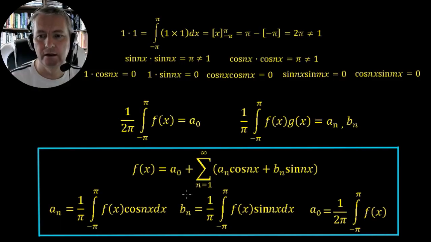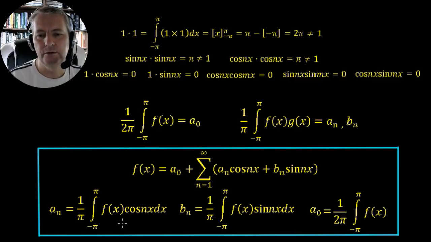And we also get, as noted up here, our value a0, which is 1 upon 2 pi, the integral from minus pi to pi of f of x. So this here is the Fourier series, and this is a method that we employ in order to find the coefficients an, bn and a0. So this is what we've been working towards through the last 3 videos, and that's our final answer.